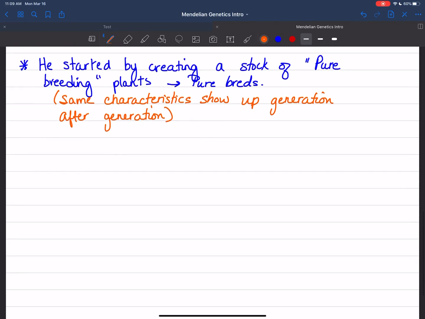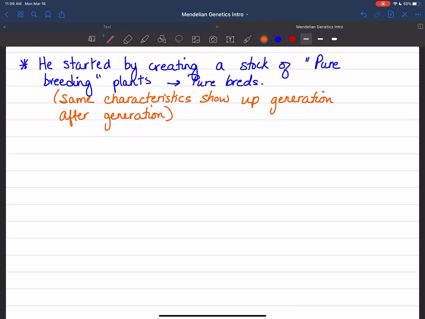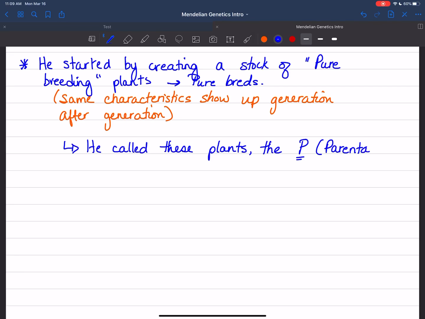If I have a white plant, I should get white flowers. If I have a plant with green seeds, they should have green seeds. Okay? He called these plants the P or parental generation.